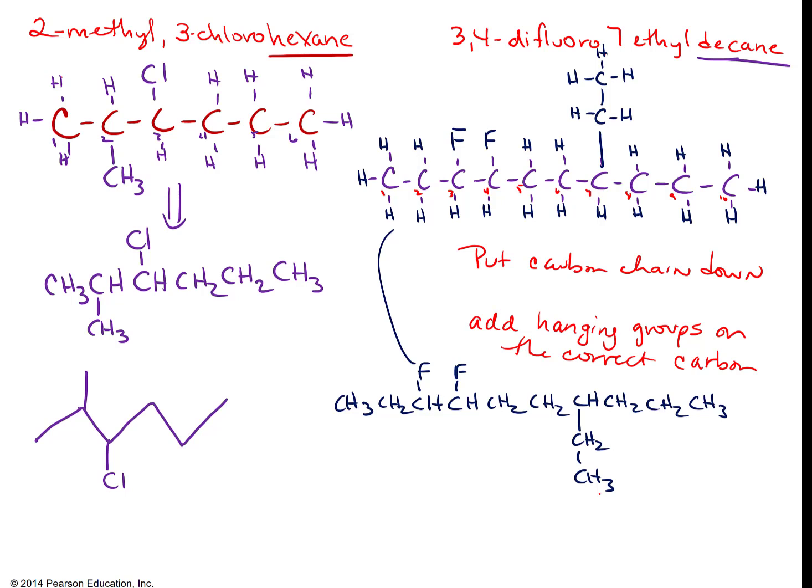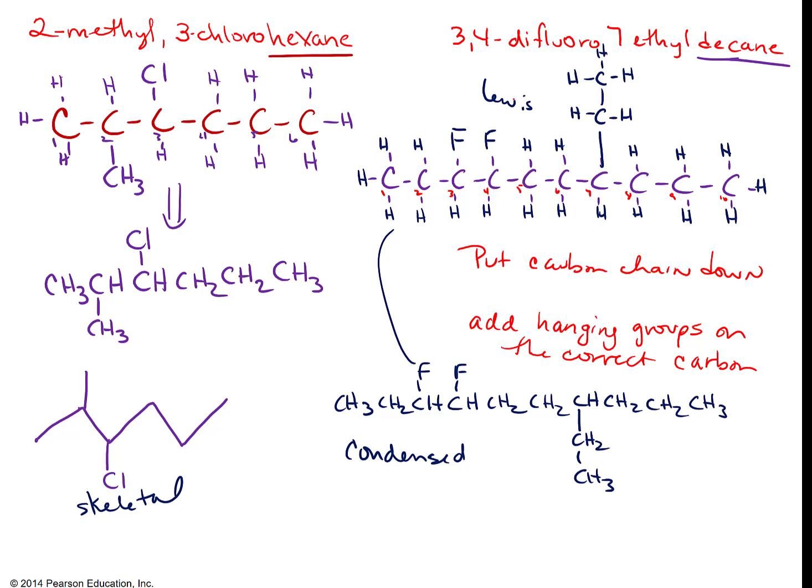So the bottom one is called condensed, this is the skeletal, and this would be the Lewis. Different options.